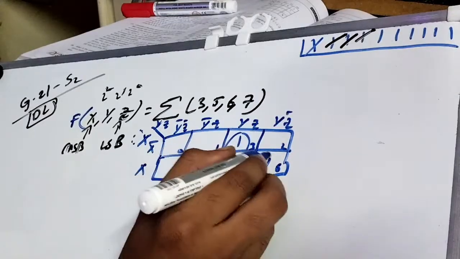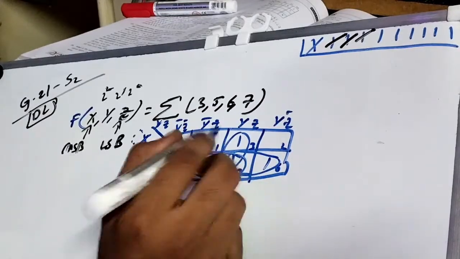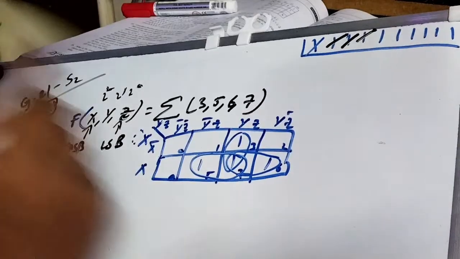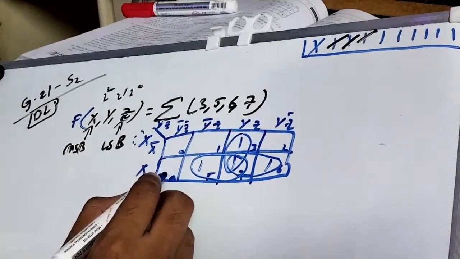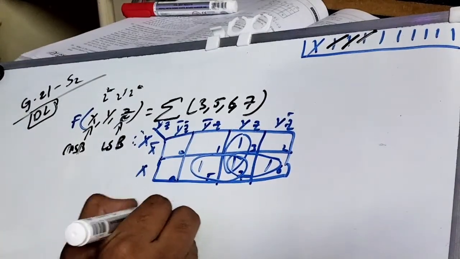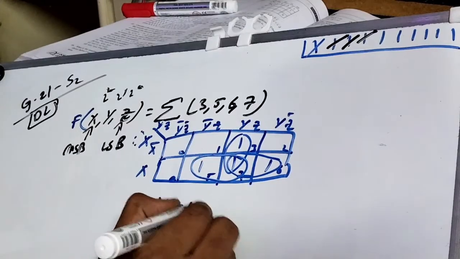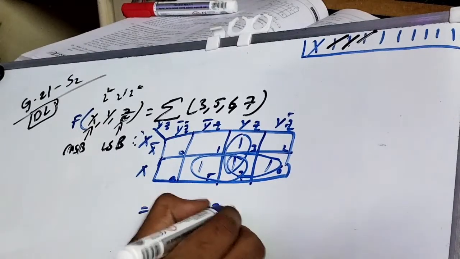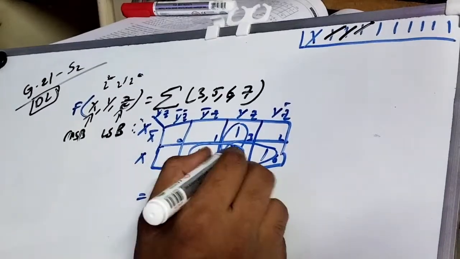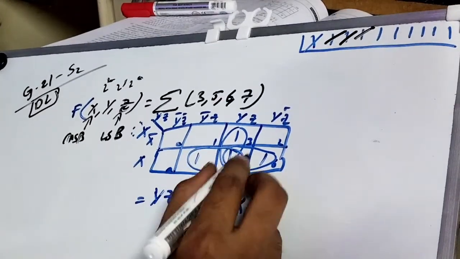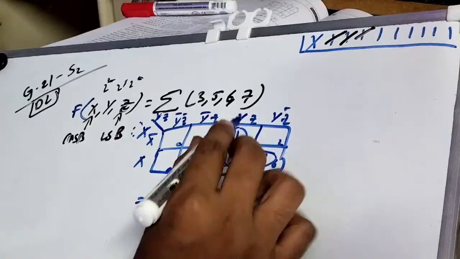If we form the groups, the output function will be yz plus xz plus x, and x is the common term.